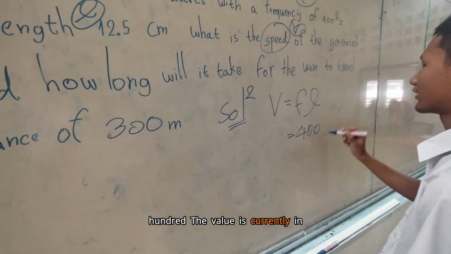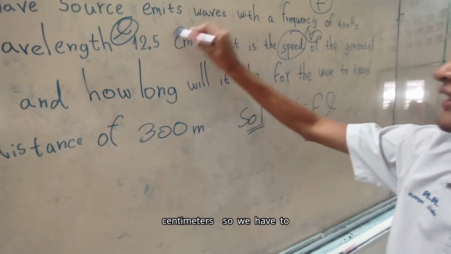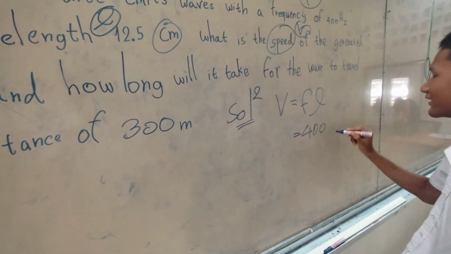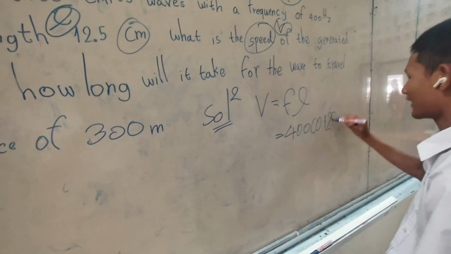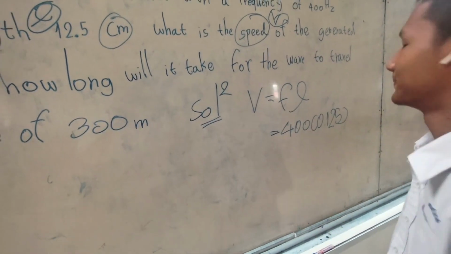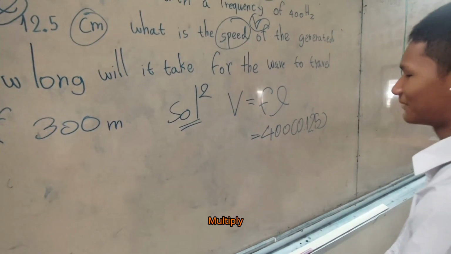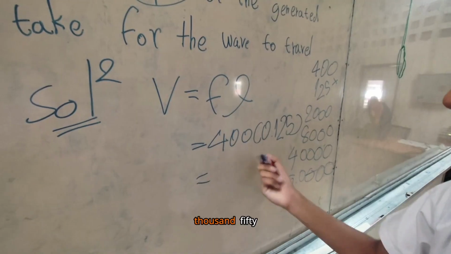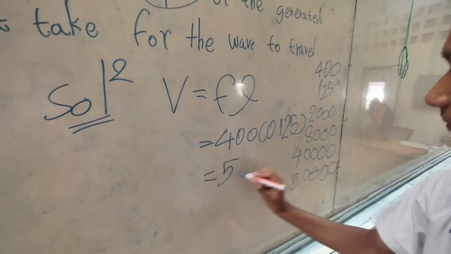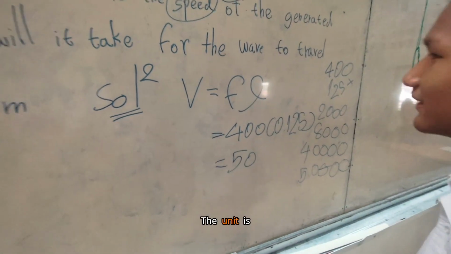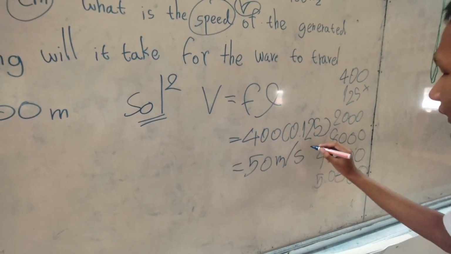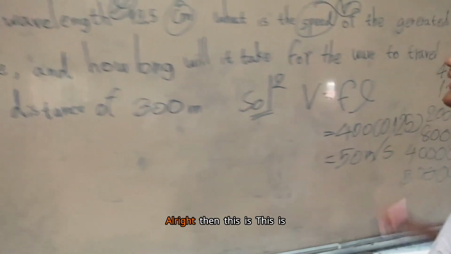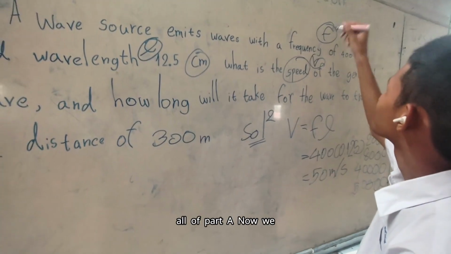The value is currently in centimeters, so we have to convert it to meters. Multiply, 1,050. The unit is measured in meters per second. Alright then, this is all of part A.